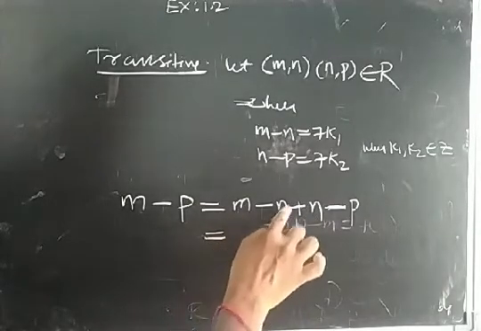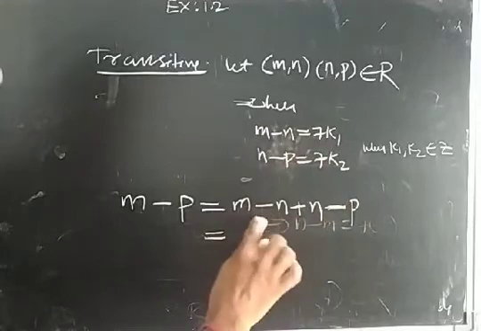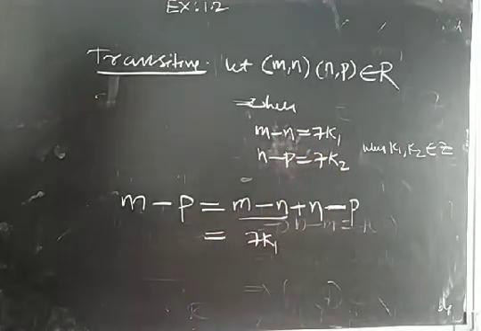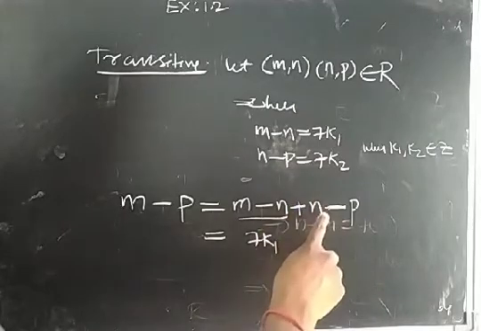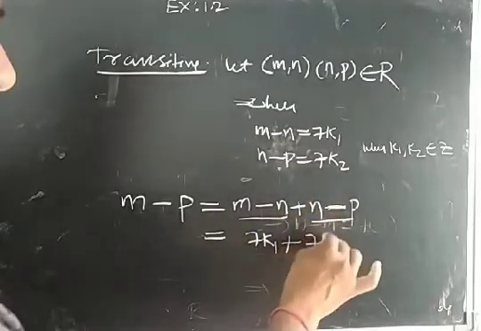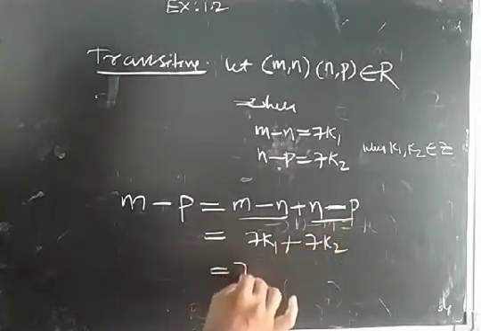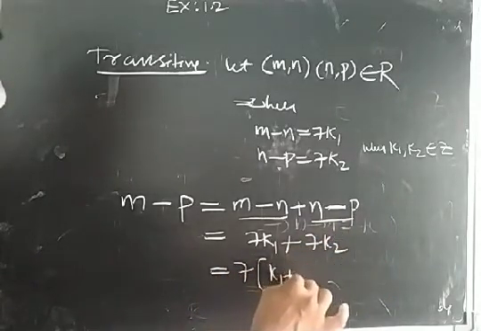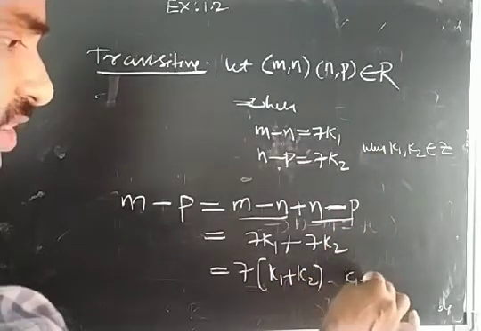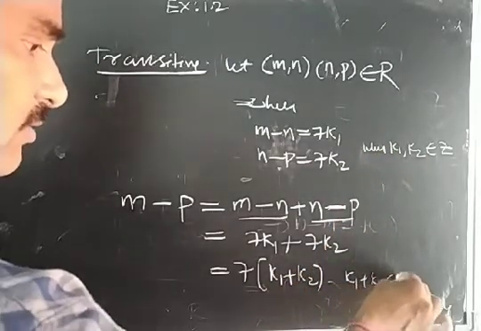Now m minus n, can I write 7k1 here? Yes, we can write 7k1 here. In place of n minus p we can write 7k2. Now take 7 common: 7 times (k1 plus k2). What are k1 and k2? They are integers, so k1 plus k2 is also some integer.